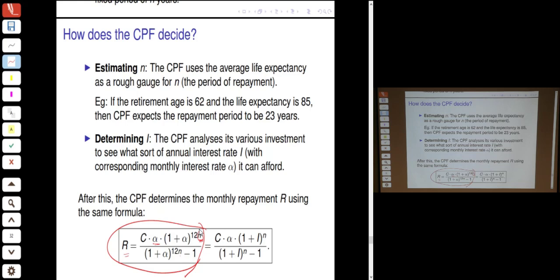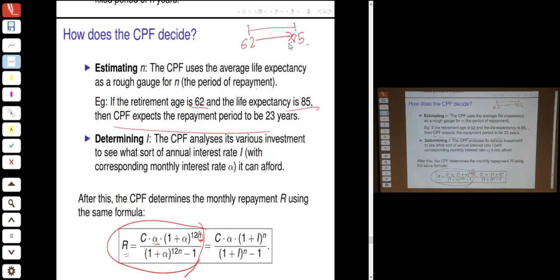Okay. For example, if the average life expectancy is 85 and the retirement age is 62, then you give the money to CPF, the lump sum at the age of 62, and you survive until 85.